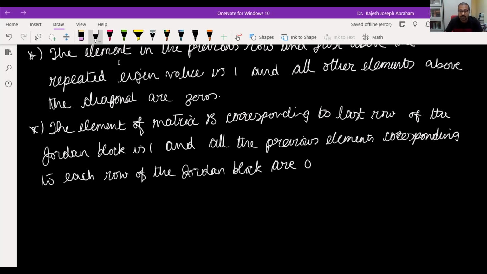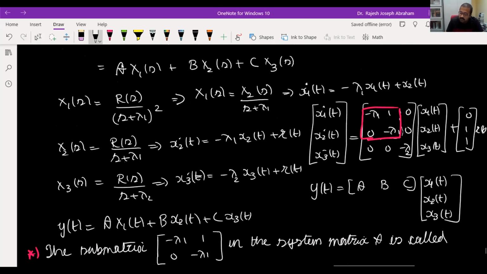Do you understand what I wrote? So you see, the element in the B row that corresponds to the last row of the Jordan block is 1, and all other rows corresponding to the Jordan blocks will be 0.